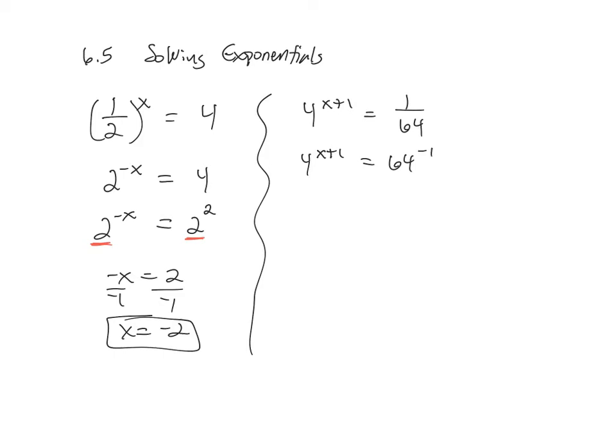Okay, just get rid of the fact that we have a fraction, but you're going to have to put negative 1 every time. Now I need to see, well, what can I do to the 64? Can I do 4 to the something power and get 64? So 4 times 4 is 16. 16 times 4 is 64, so I can. So 4 to the x plus 1, and then this is really 4 to the third power, but negative third power.